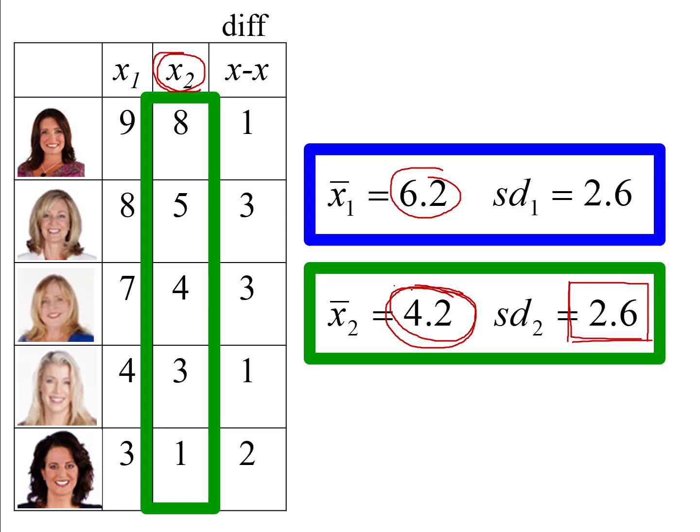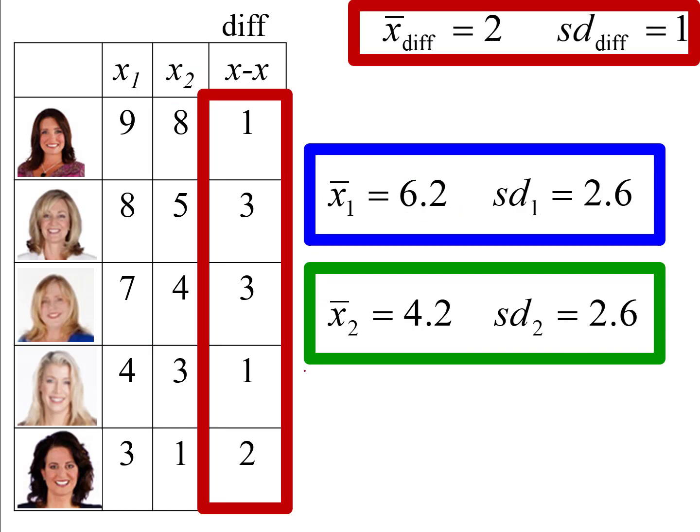Now, an important thing that's key to understanding a paired samples test is the fact that we have a third mean and standard deviation that we could calculate. So we could calculate the mean and standard deviation for time 1, for x1. We can calculate the mean and the standard deviation for x2.